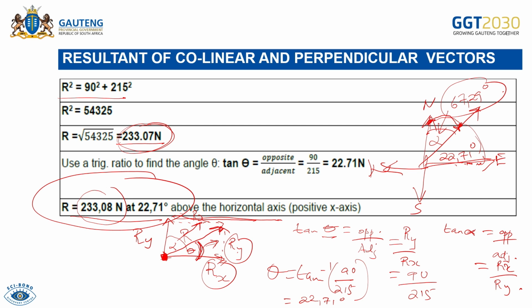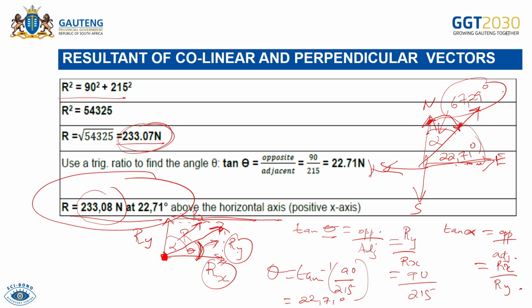It has both magnitude and direction. So you can't forget the direction there. Otherwise, you are going to lose marks. So that is very, very important, learners.